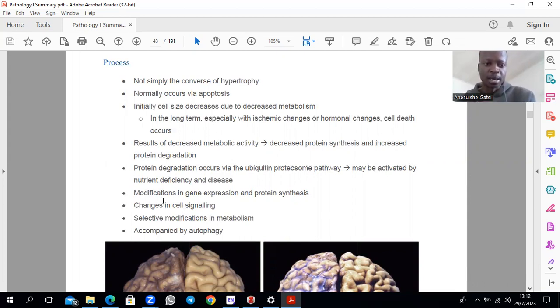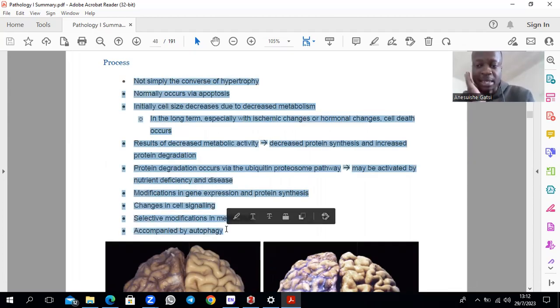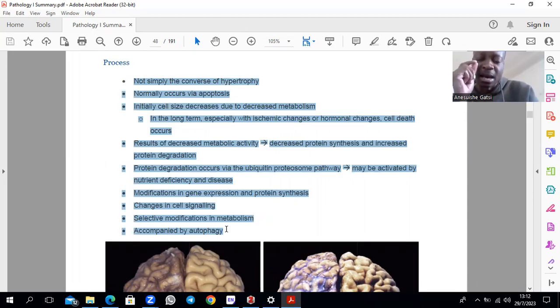Then what else would I want to talk about here? So remember I said all this comes back to the point that there is going to be a decrease in protein synthesis or an increase in protein degradation, right? And protein degradation in your normal cell physiology is done by the ubiquitin proteasome pathway, this one, right?